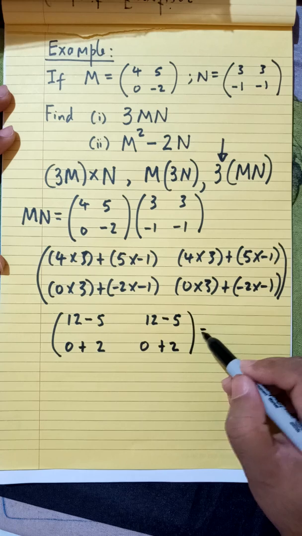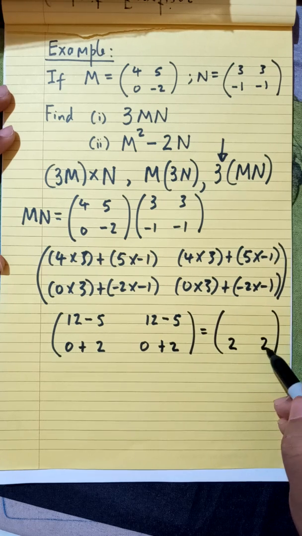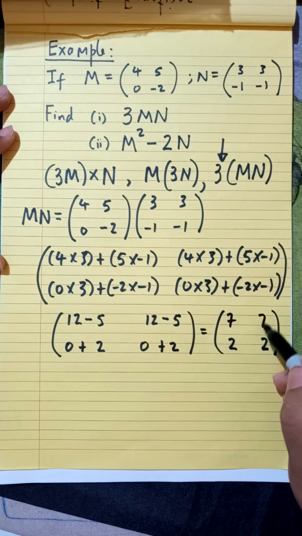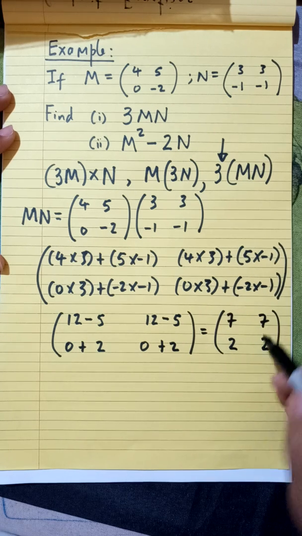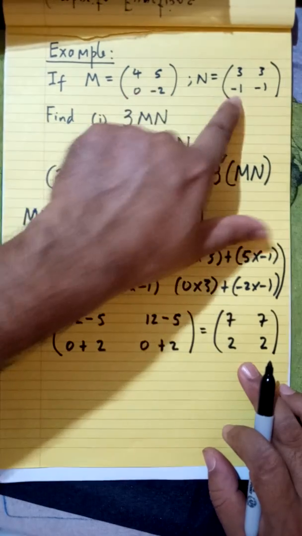Then we end up with 2 here, 2 there. And that's 7, and that's 7. So guys, this represents the product of m times n.